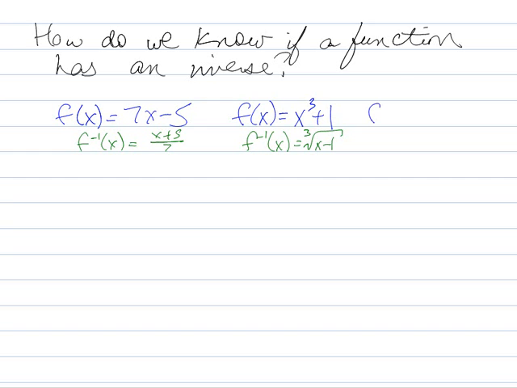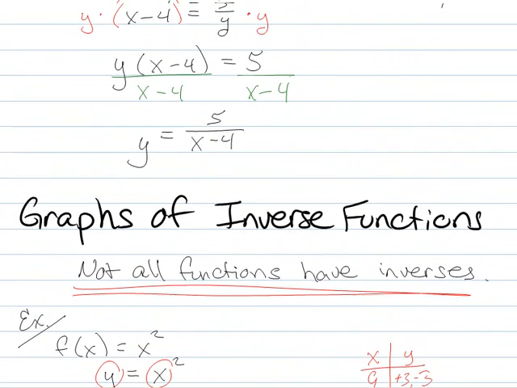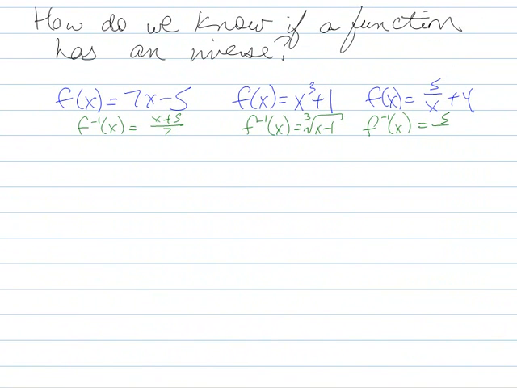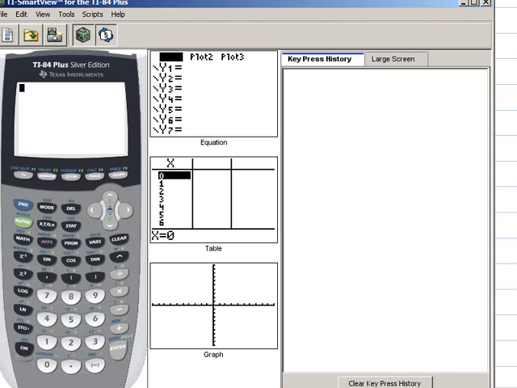And we also did f of x equals 5 over x plus 4, and that had an inverse of 5 over x minus 4. So all those had inverses. So let's graph them and see what they had in common.